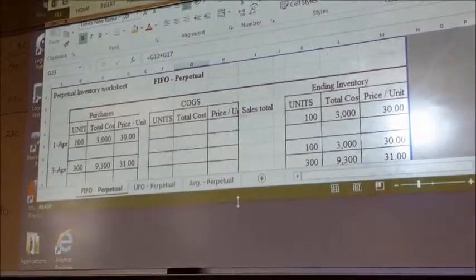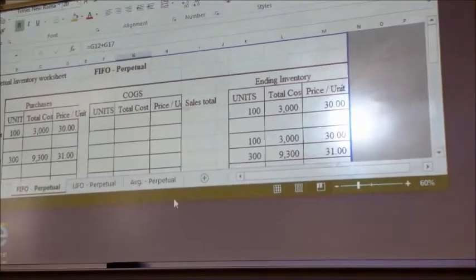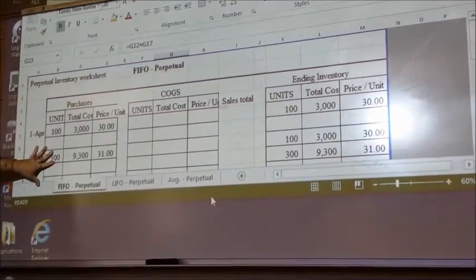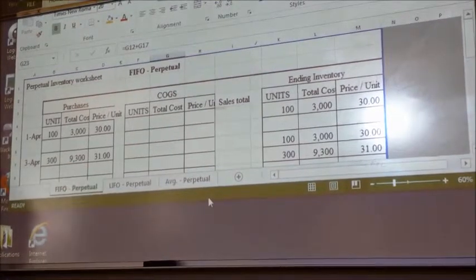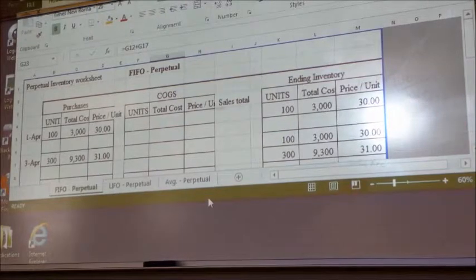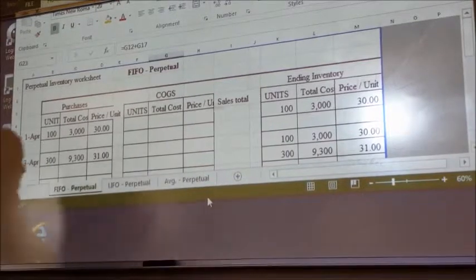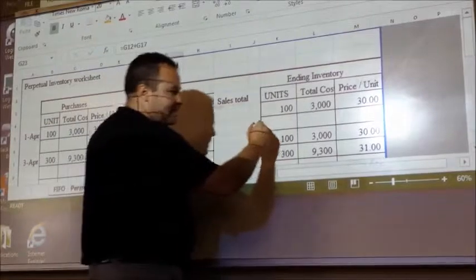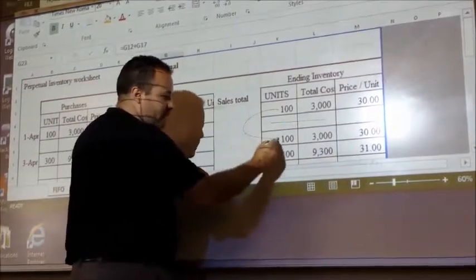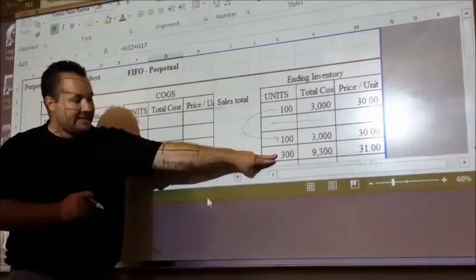Let's go down to the next one so you can see the pattern. I bought 300 more items. The price per unit goes up a little bit. And then over here, you can do it one of two ways. You can do as I did and skip a line and then just transfer this right down, because you still have it, and you now have these as well.